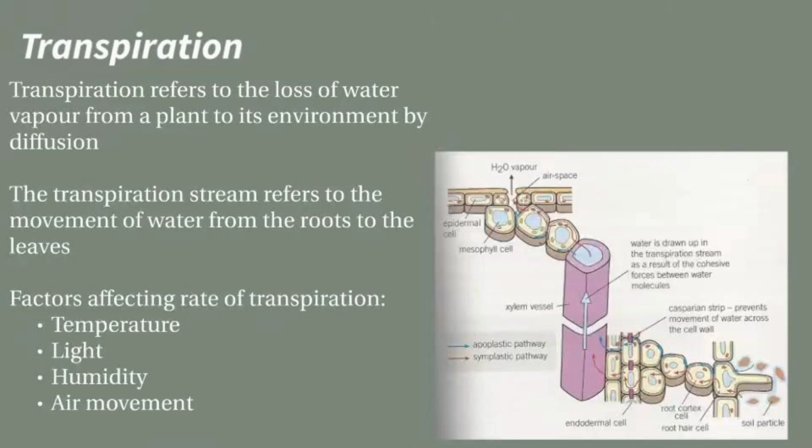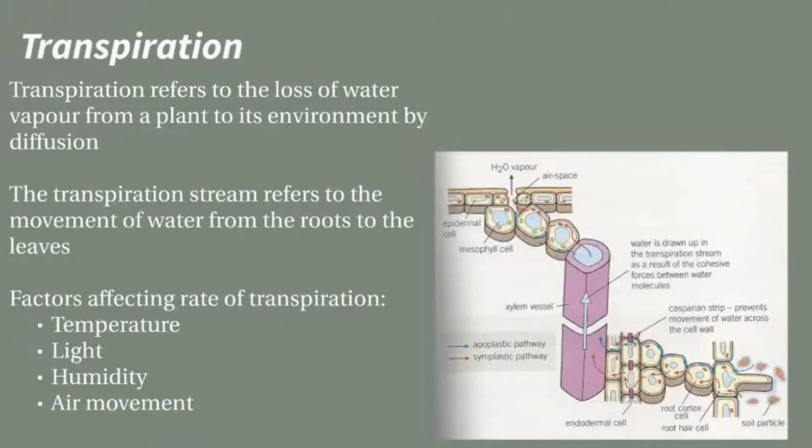Water enters into the root via osmosis, and then once it is within the root, it can move via two pathways: the apoplastic or the symplastic pathway. And remember that movement is blocked by the Casparian strip. Again, if this doesn't make any sense, go back to the previous lesson.